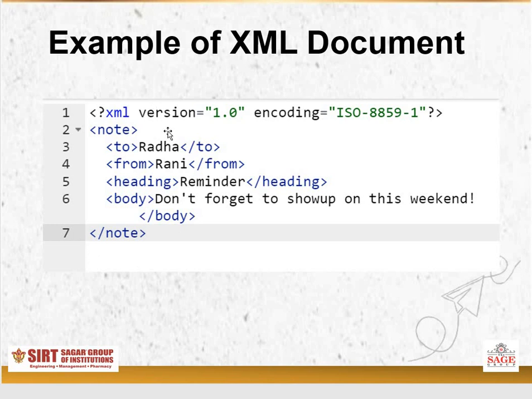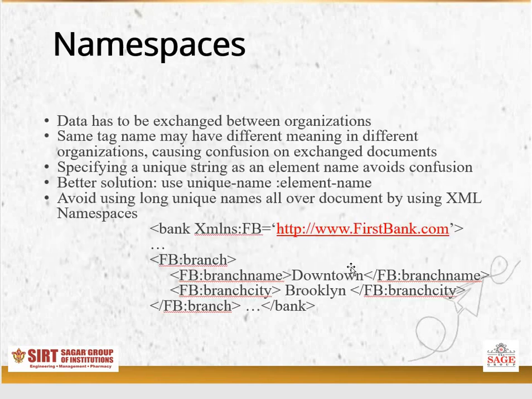So we get basic information from this XML document that this is a message from Rani to Radha. This is the property of an XML tag, that it becomes self-explanatory as the user defines the tags according to the need of the application. As the need of the application is to send a message from Rani to Radha, that this is a reminder, the reminder is already understood.